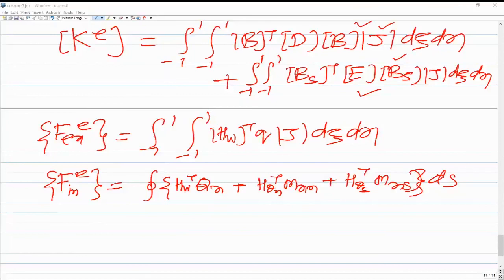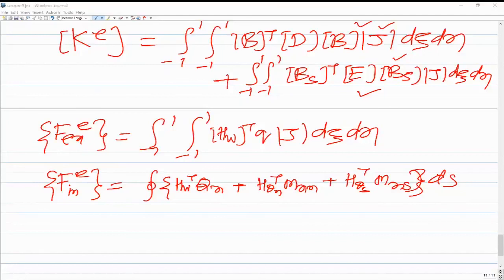Sir, another question someone asked previously: what will we take as the boundary condition for that previous element, that is, del 2 w by del x del y? Are you talking about the element where we have del 2 w by del x del y also as a degree of freedom?